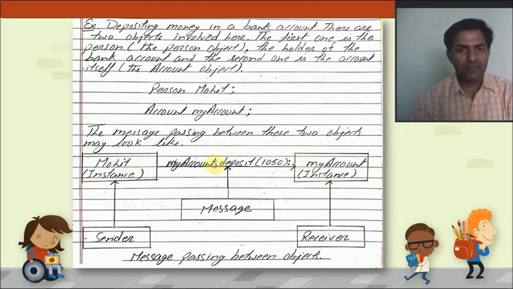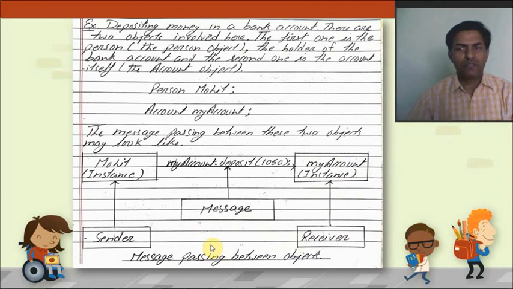Now the message transfer from this instance to this instance will be myAccount.deposit with amount 1050. This is a message sent by this Mohit instance to my account. Now my account is the receiver, so this is message passing between the objects.